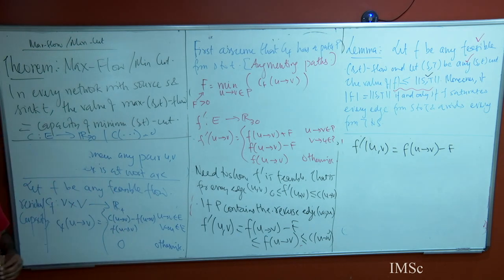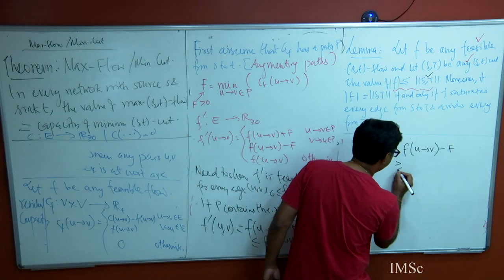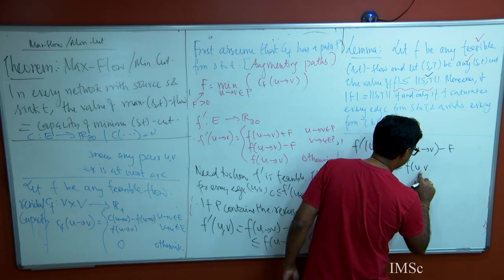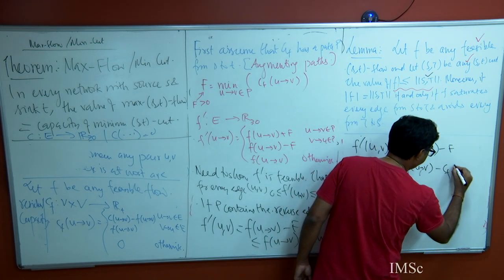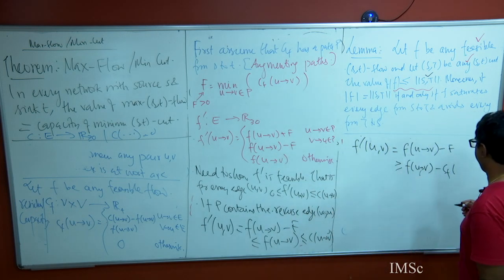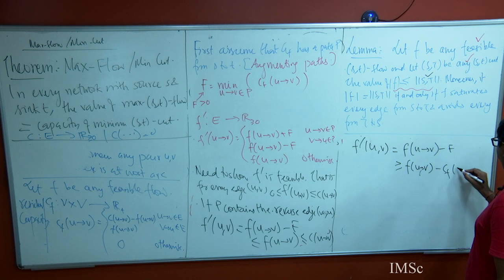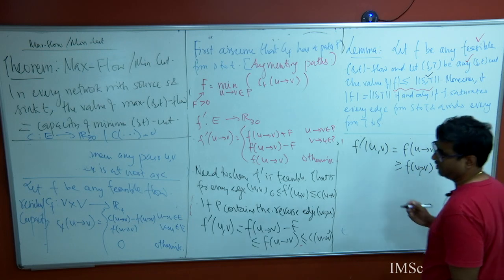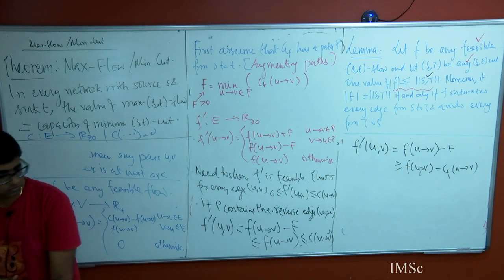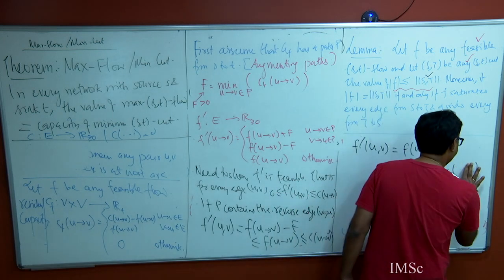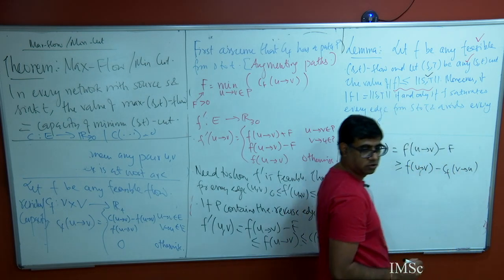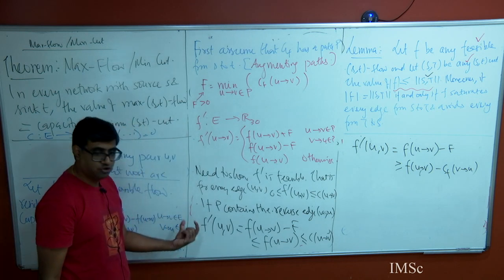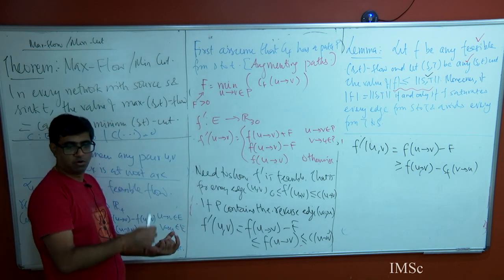This is a lower bound, I can write it down: F of UV minus the capacity of V comma U, no, U comma V. Or V comma U, I think it should be V comma U. Yeah, it should be V comma U, because VU appears on the path. Look, I have an edge UV, but it appears as VU on the path.